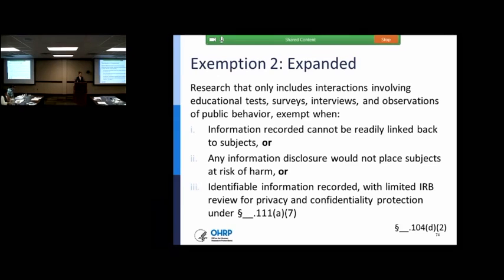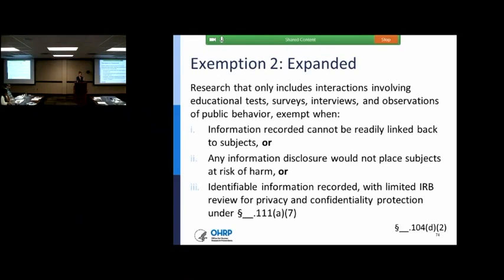So it's not a full IRB review, but it's restricted to whether or not the investigators are doing what needs to be done in order to protect the confidentiality and prevent disclosure of the data.